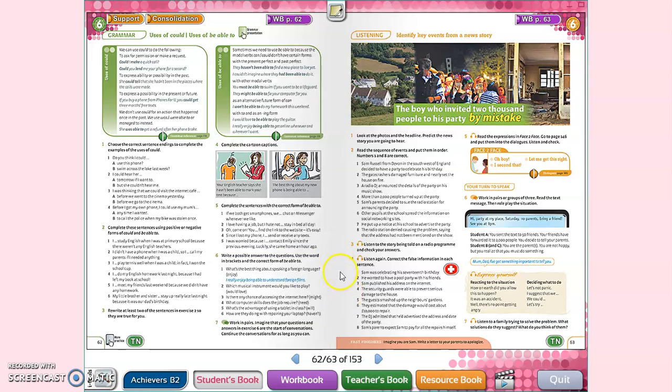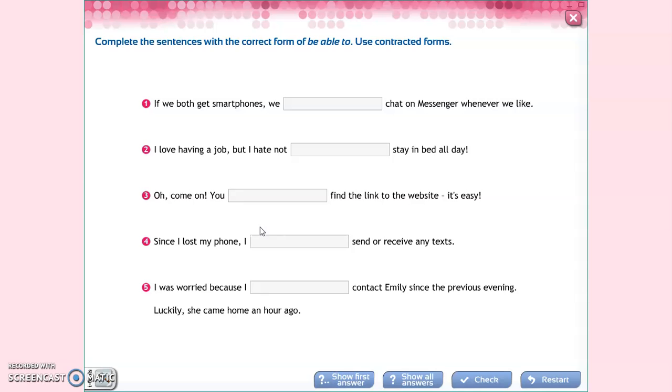So we go directly to exercise number 5. The instructions say complete the sentences with the correct form of be able to. Use contracted forms. Okay, so sentence number 1 says, if we both get smartphones, we'll be able to chat on Messenger whenever we like.